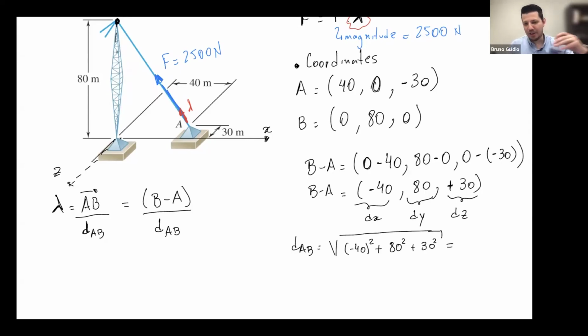What is this magnitude? Once again, guys, please take your calculator, try to type, get the same number as me, and see if you are good using the calculator that you have. For this one, I got 94.34 meters.